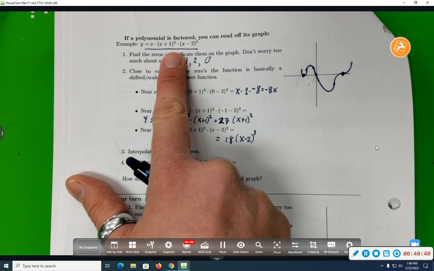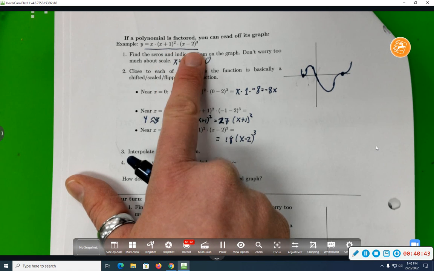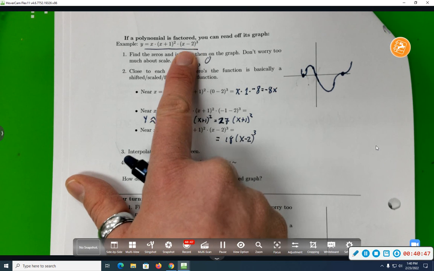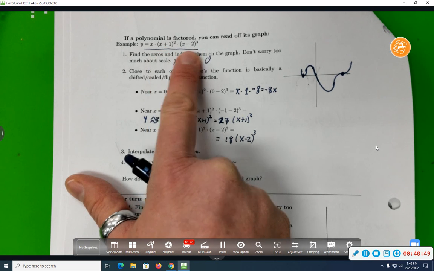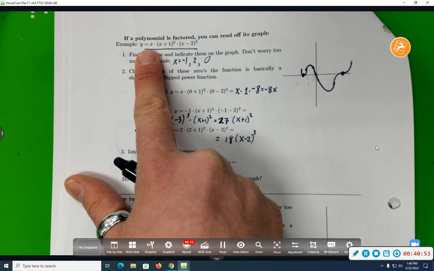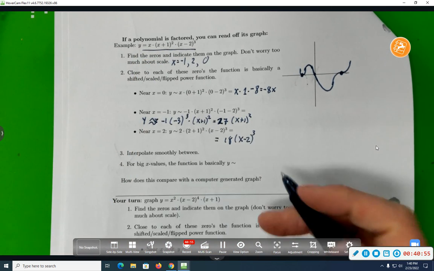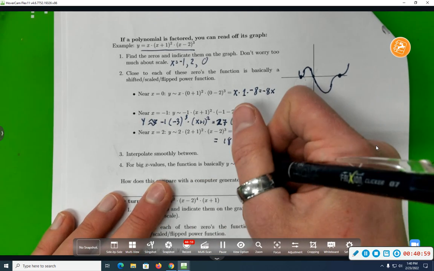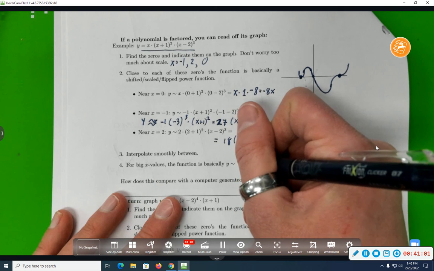I think 6. 6, right? This will kick out an x cubed when you FOIL it out. This will kick out an x squared. X squared times x cubed is x to the 5th. Then you'll multiply it by another x, so x to the 6th. So for big x values, this base function is basically y equals x to the 6th.